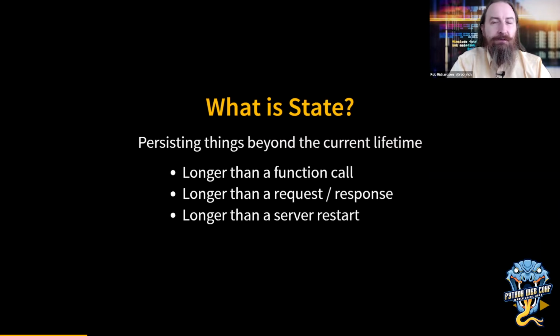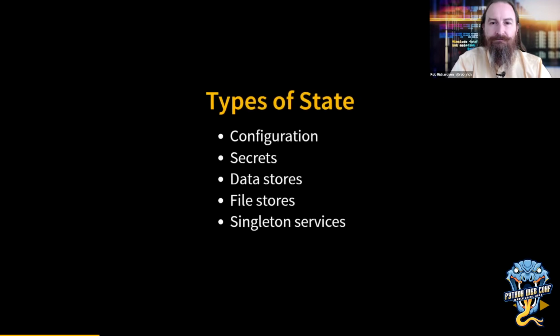Maybe our lifetime is a request and response, so we want something that will live beyond that. So let's push some data into the database. Or maybe the state is beyond a server restart. So if we save our logs on disk and the server reboots, we need to make sure that we still have logs. These are state, things that live beyond the current request or the current lifetime.